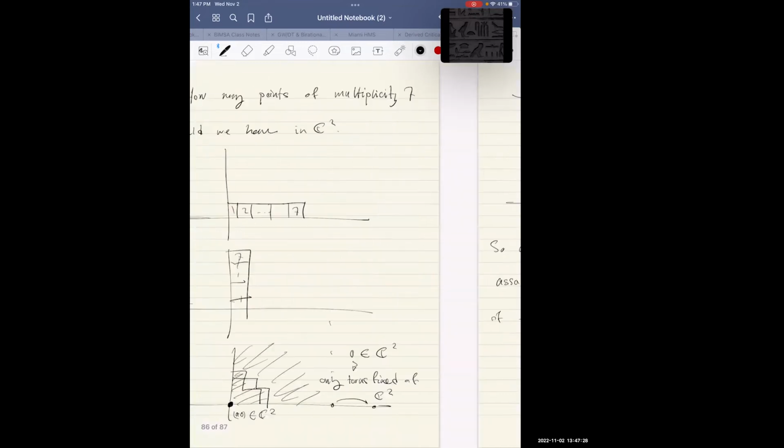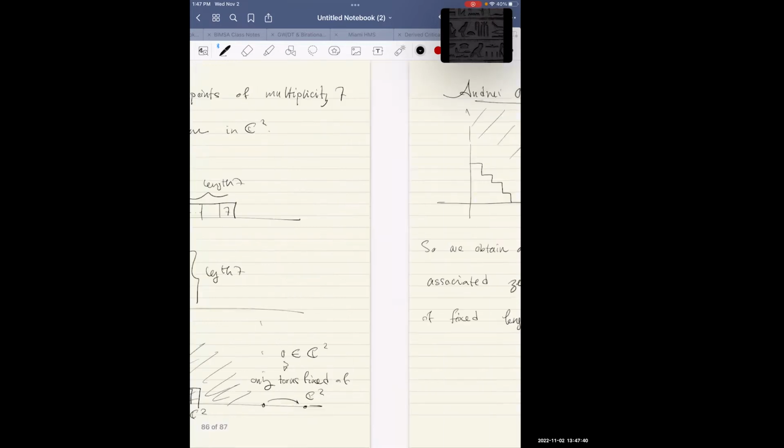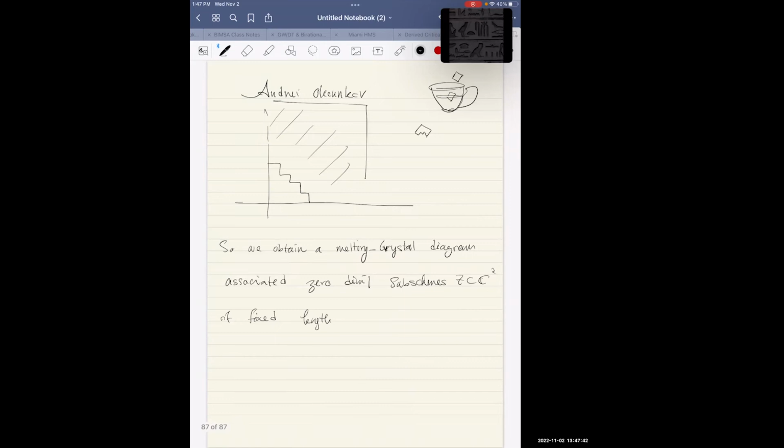Length means how many boxes. So this is length 7, this is also length 7, this might also be length 7. So a subscheme Z of fixed length, like this.